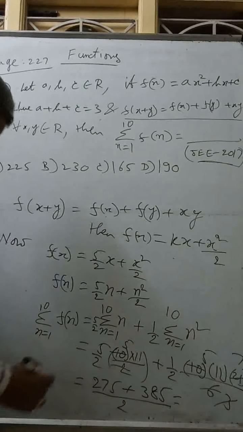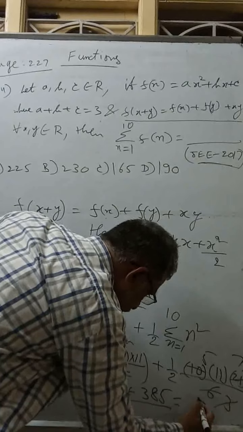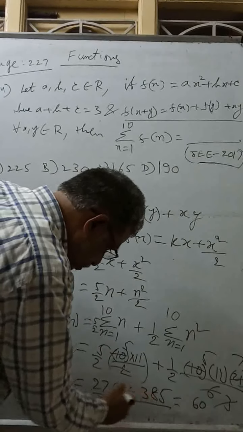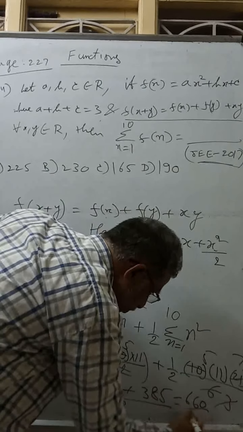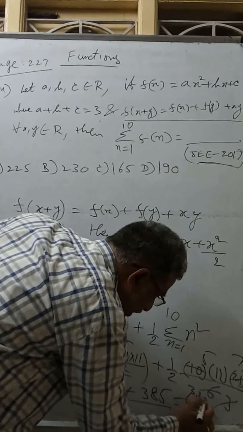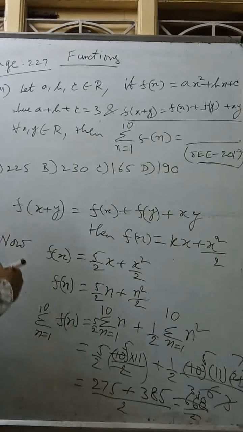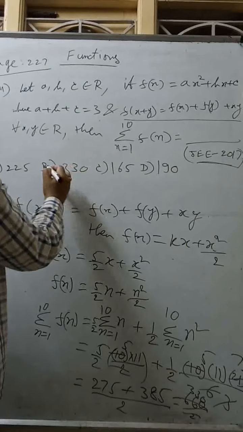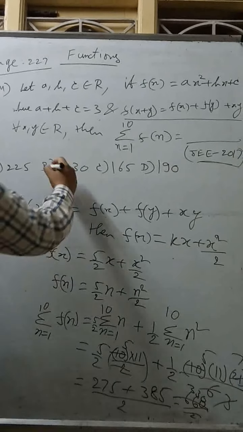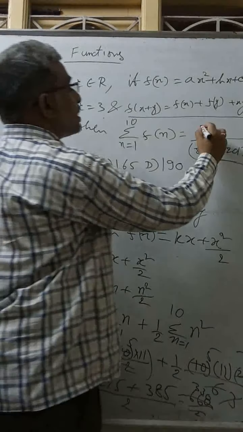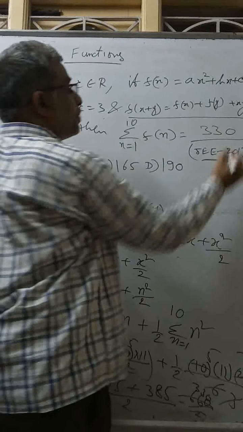So 5 plus 5 is 10, 6, and 660 by 2 becomes 330. So my answer is 330, option B.